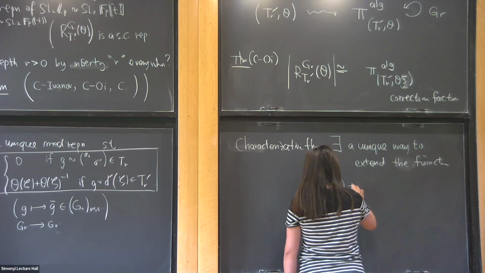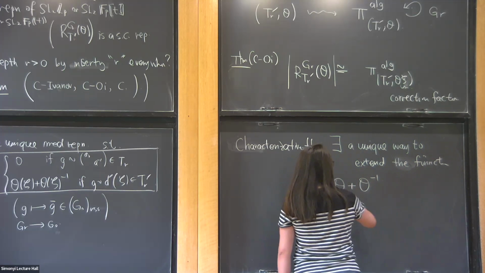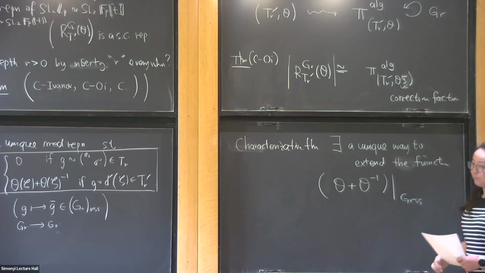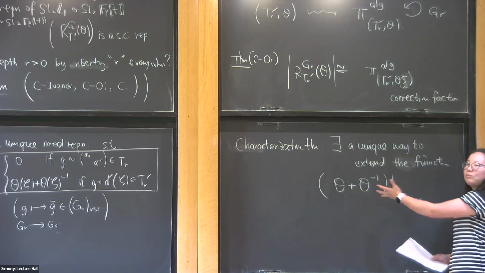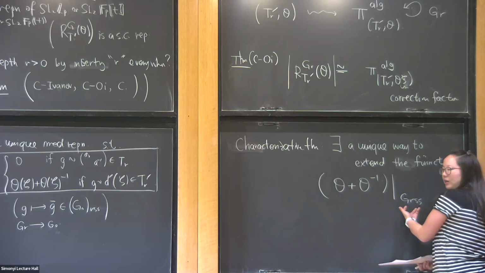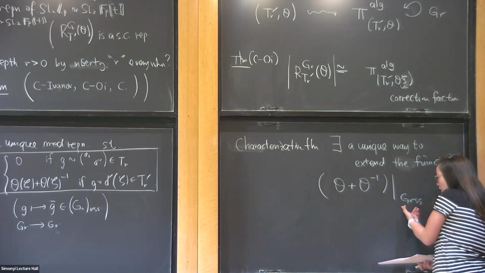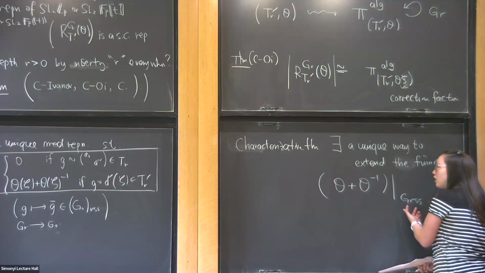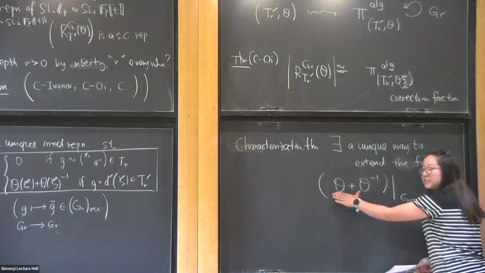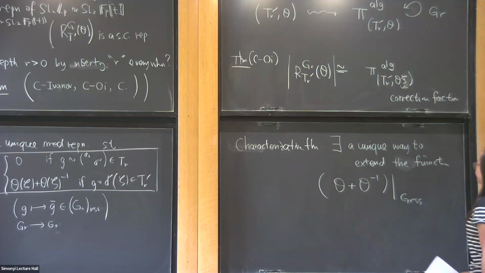It's theta plus theta inverse taken only on the regular semi-simple part. Because you all have experience with this now, you'll be okay with this abusive notation. Remember, not all regular semi-simple elements will conjugate into the torus that you're allowed to take values in. So this means it's either this thing or it's zero.